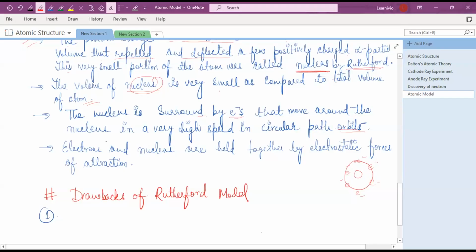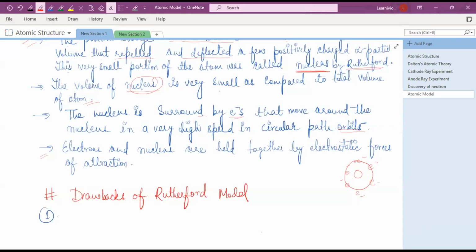The last conclusion was that electrons and nucleus are held together by an electrostatic force of attraction. He said there is a force acting between these two, known as the electrostatic force of attraction.